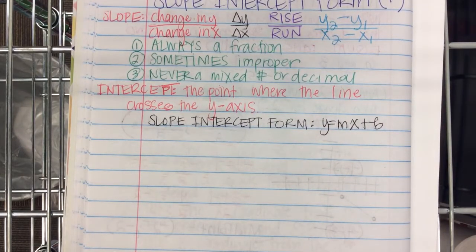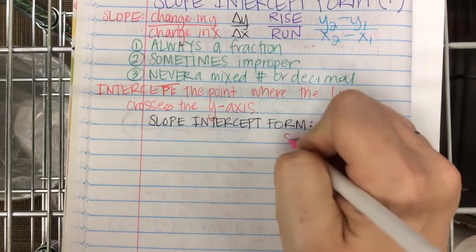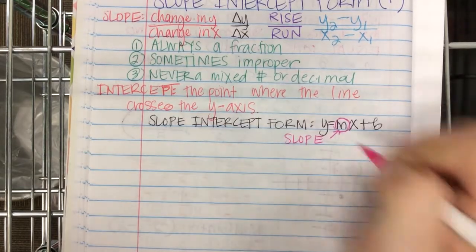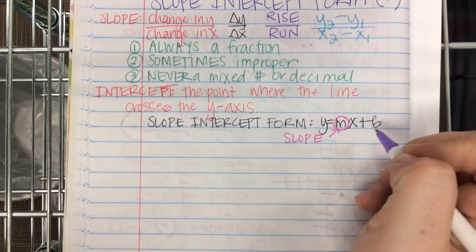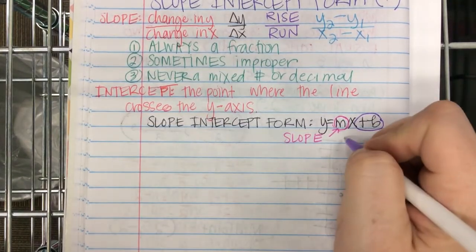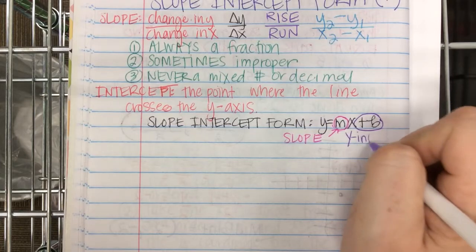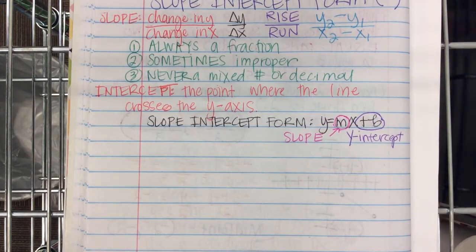Someday it'll show up. Y equals mx plus b. M is the variable that represents slope. And it's not just b, but plus b is your y-intercept. Because it could be a positive value or it could be a negative value.